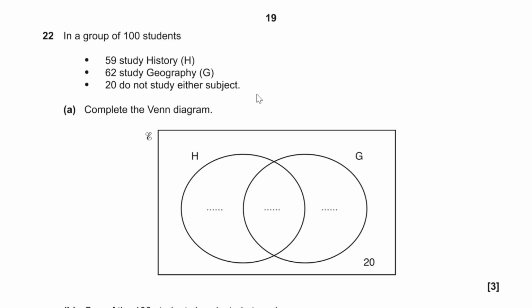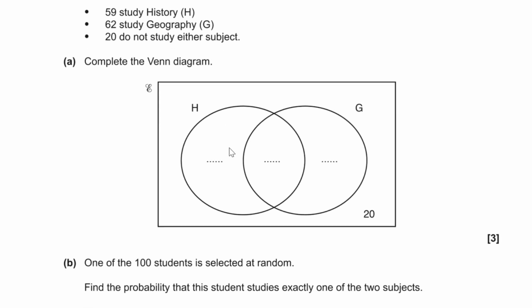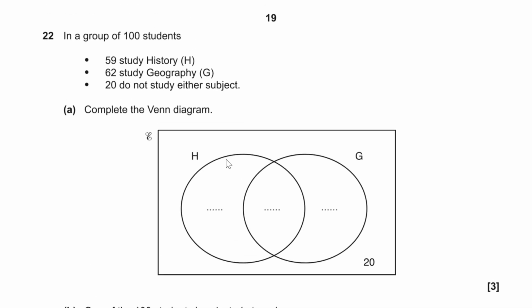Question number 22. In a group of 100 students, 59 study history, 62 study geography, and 20 do not study either subject, and we have to complete the Venn diagram. So we've got 100 people in total, 59 study history and 62 study geography, and 20 study neither.